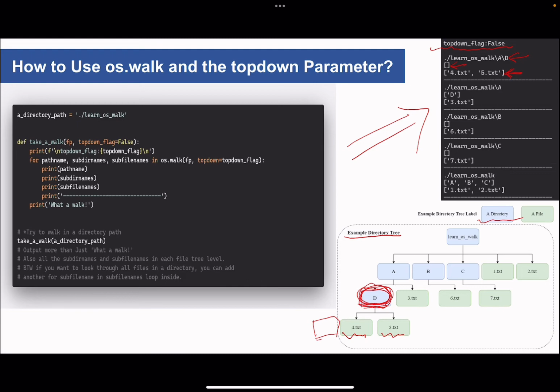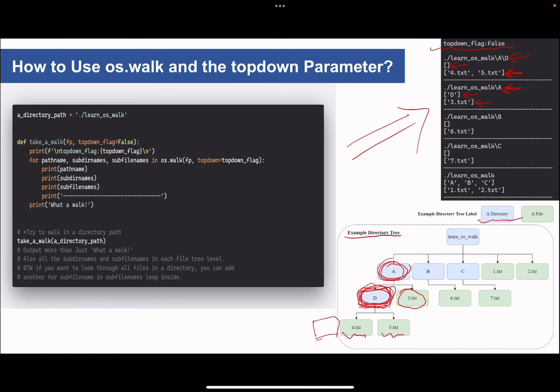Let's take a look at our second output. Here's A. Since A has one subdirectory, which is D, the subdir names list will output a list with only D. And since there's only one file here, the sub file names list will contain one element, 3.txt as well.